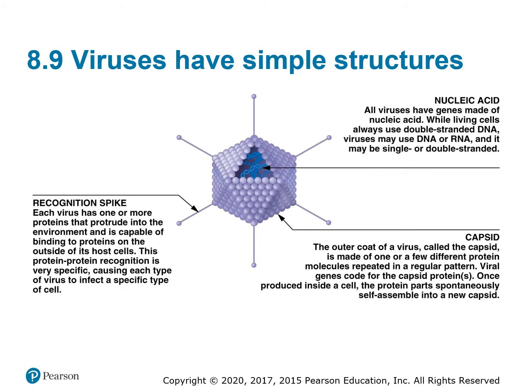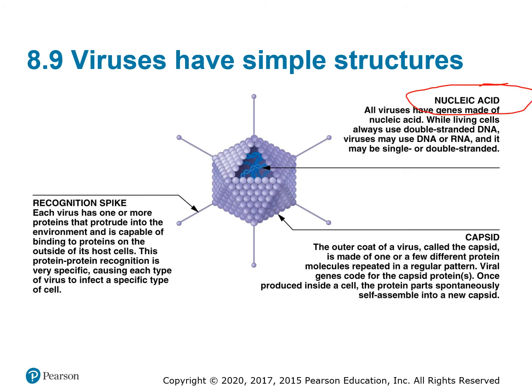Now, viruses have fairly simple structures. Think back to the cell. Even a prokaryotic cell has a plasma membrane, has DNA, has lots of different structures. Viruses basically have a nucleic acid. It can be either DNA or RNA.